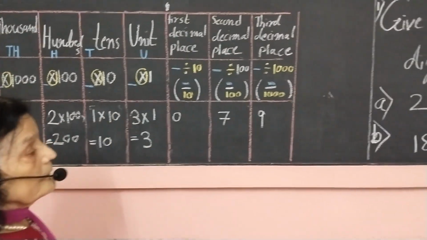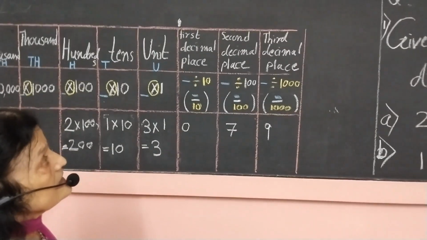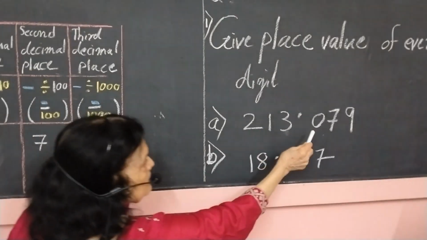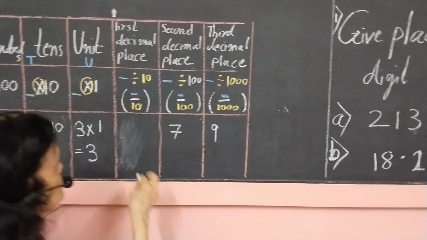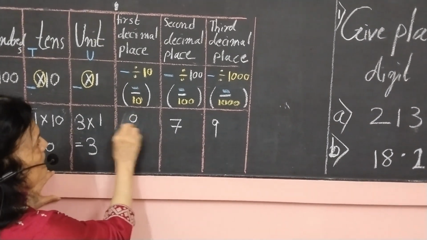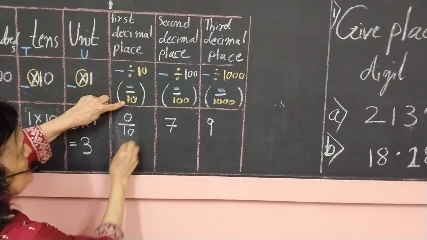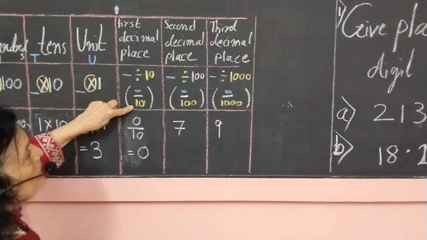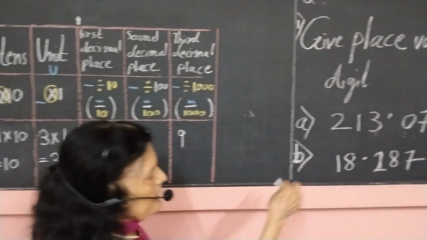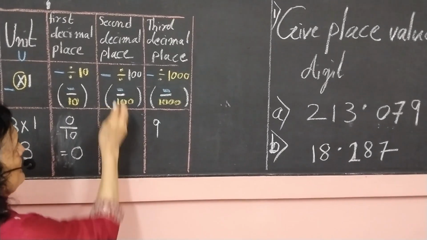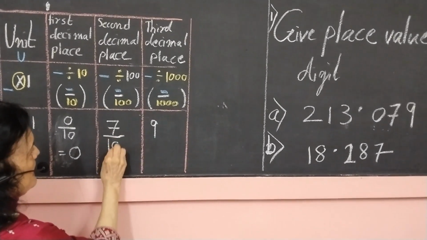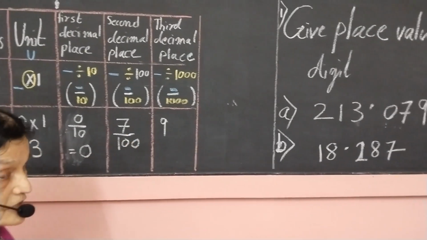Now we come to the first decimal place, second decimal place. In the first decimal place, this 0 is coming. So 0 divided by 10 means its place value is 0. Now in the second decimal place, the number 7 is coming. So 7 divided by 100 is its place value.